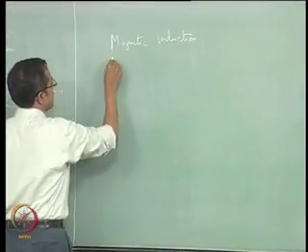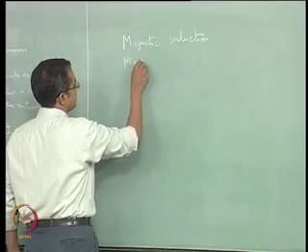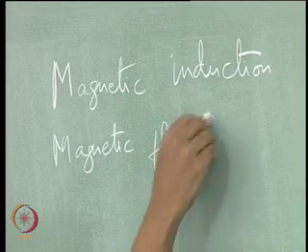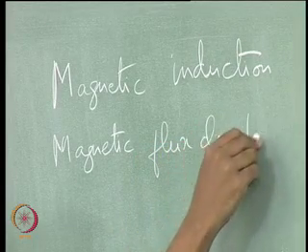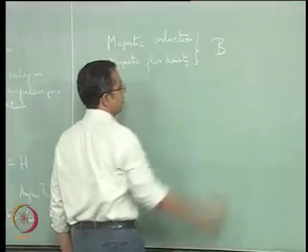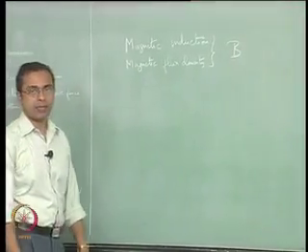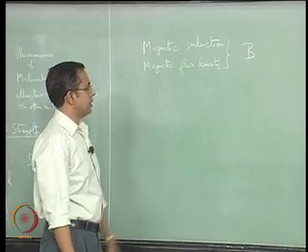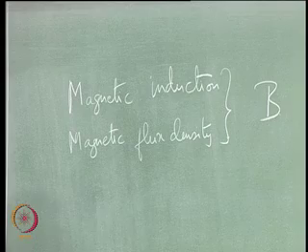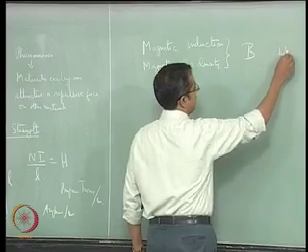Or we also call it magnetic flux density. These are designated by the letter B, capital B. Okay, so magnetic induction or magnetic flux density designated by the letter B, and this B is in Webers per meter square.